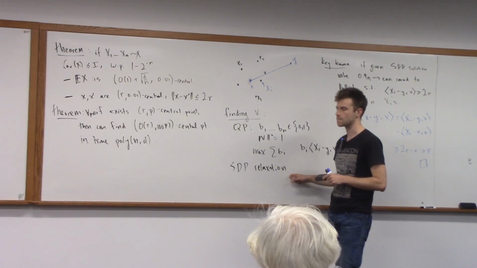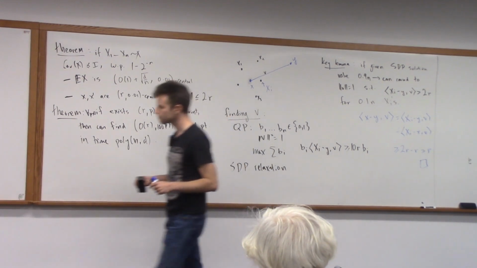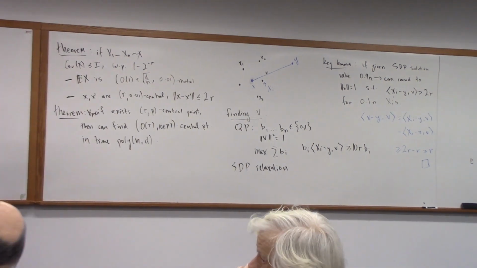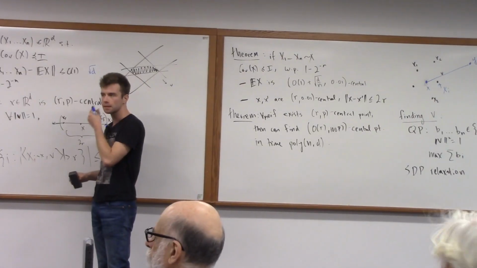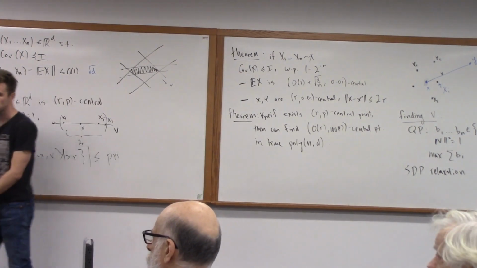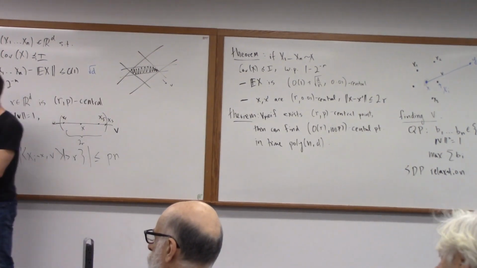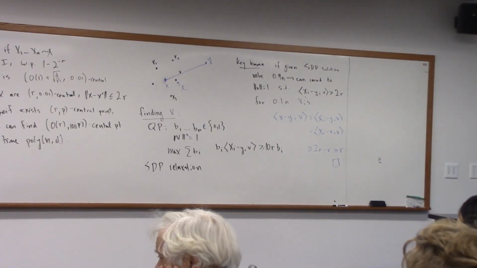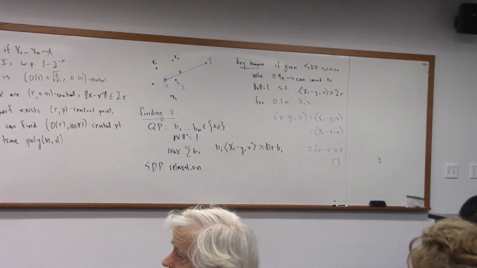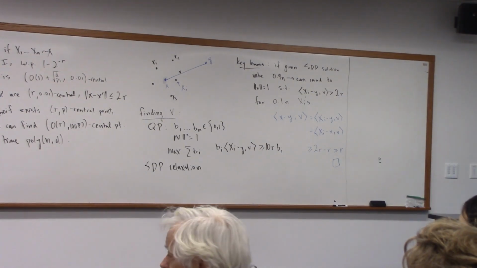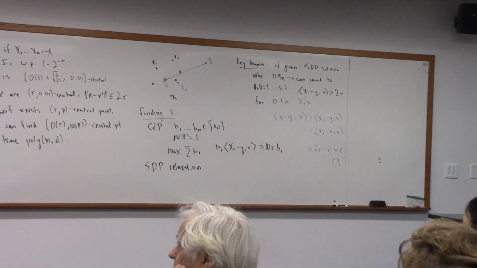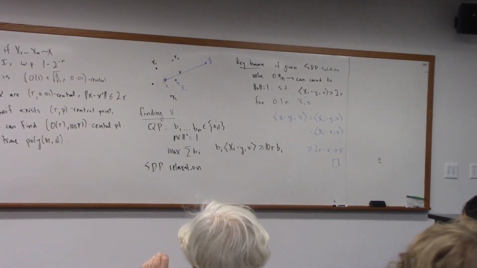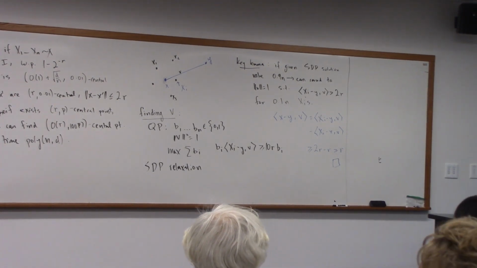Actually, I'm still confused. Your key lemma implies, I think, that if at a certain point the SDP becomes infeasible, then you're an R, P central point, then you're 2R, 0.9 central.